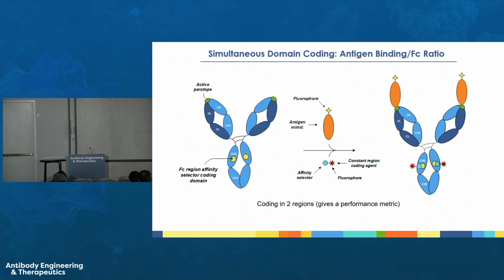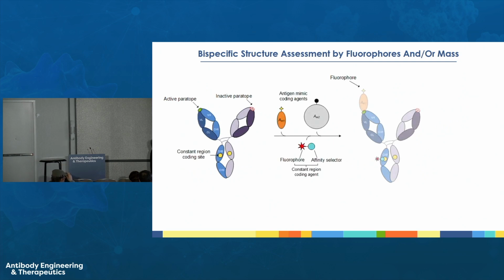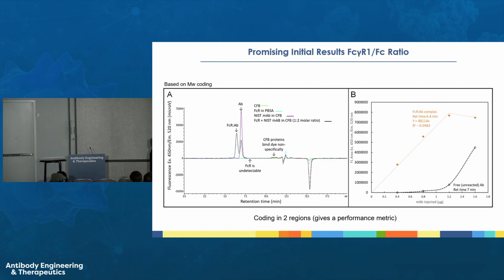Theoretically, you can, because you could label the Fcγ receptor ligand by mass or fluorescence, the same way, and you get two outputs. For a bispecific with two antigens, you can label one by mass and another by fluorescence, and then you should be able to distinguish between the different species. And this is data to show that you can actually do it.